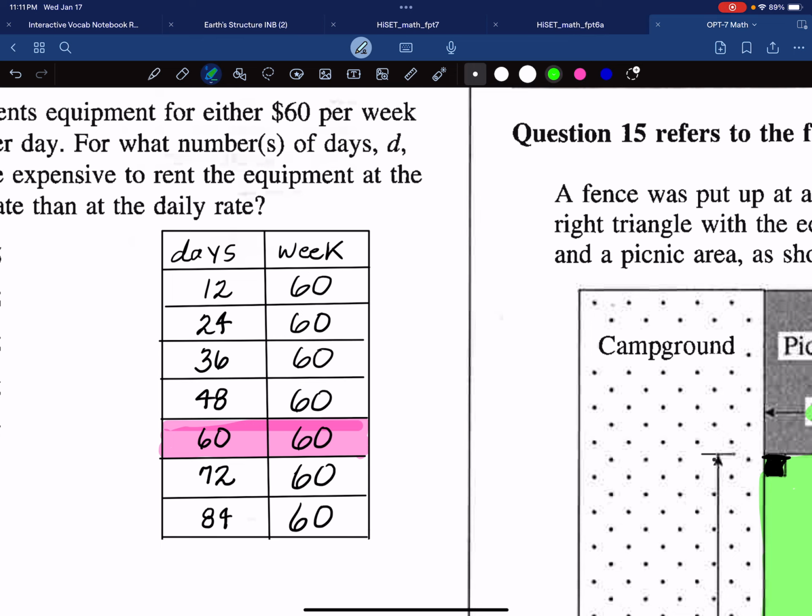If you're looking at more than 5 days, so the 6th and 7th day, it would be a much better deal to do the weekly. You would be able to save several dollars. Just pay the weekly rate, and then you have the whole week to do what you want with the equipment. If you are doing less than 5 days, the daily rates will be a better deal.